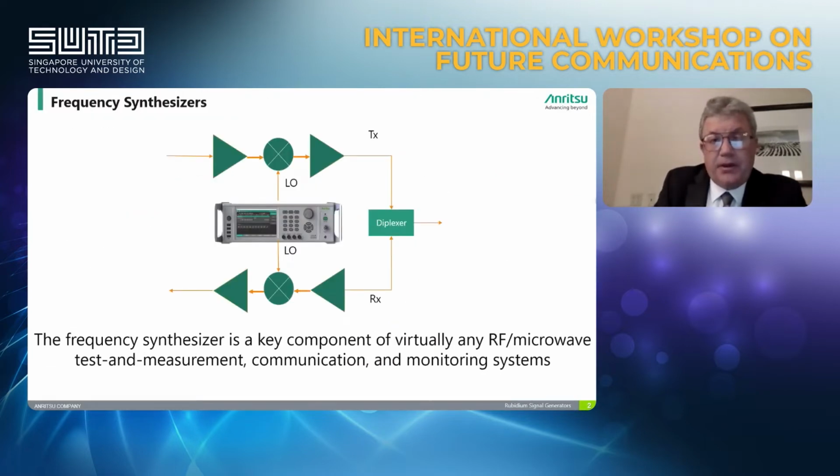Okay. So first of all, frequency synthesizers. Why do we need them? The frequency synthesizer is a key component of virtually any RF, microwave, test and measurement, communication, and monitoring systems. It's normally used as a local oscillator on the transmitter side in the up conversion schemes, as well as on the receiver side in the down conversion schemes.